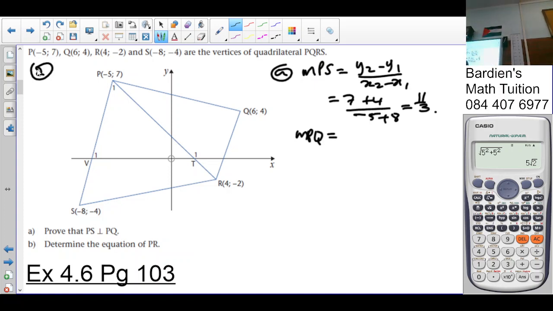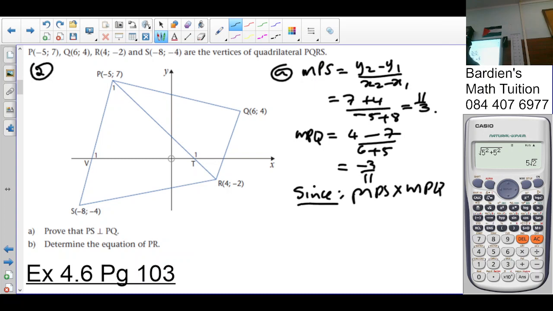So PQ is going to be 4 minus 7 over 6 minus -5. So that's going to give you -3 over 11. Not so? So we say since the gradient of PS times the gradient of PQ is equal to 11 over 3 times -3 over 11, which is -1, therefore PS is perpendicular to PQ.